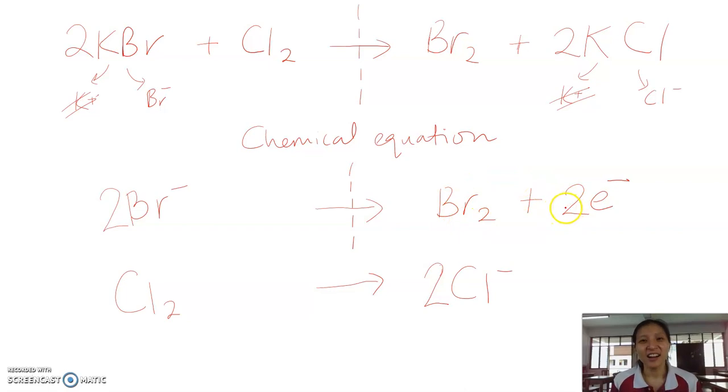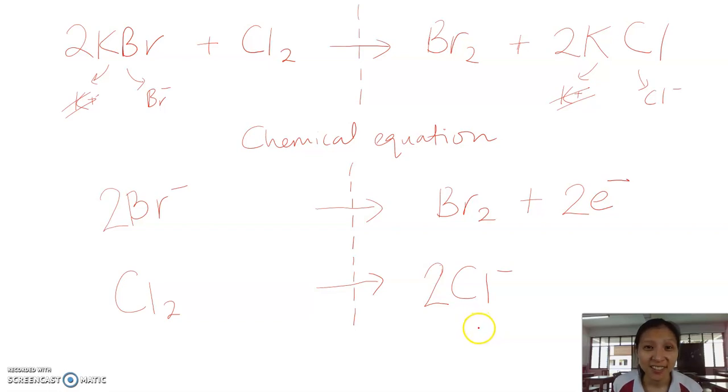Now we look at the second equation. Again we want to compare the left side and the right side of the arrow, and make this equation balanced in terms of the charges. On the left side of the arrow, there is 0 charge. This chlorine has no charge, so it's 0. Whereas on the right side of the arrow, there is a negative 2 charge. So where should I put my e? You must remember, e is electron, and electron is always negative charge.